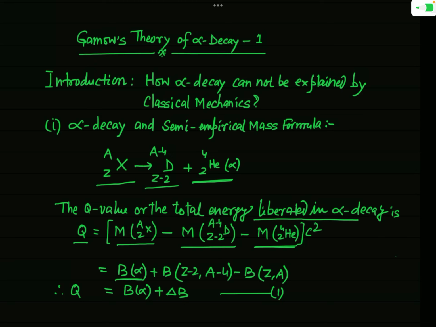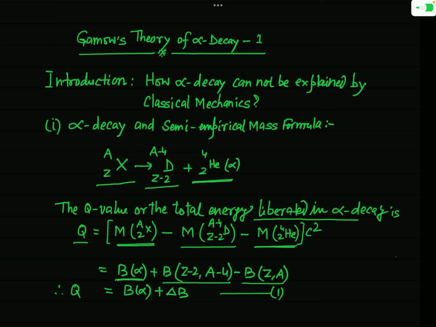And minus m of Z-2 YA-4 times c squared represents the binding energy of the daughter nucleus, which I have represented here as B of Z-2, A-4. And m of ZXA times c squared is equal to the negative of the binding energy of the parent nucleus, so this is minus B of Z, A.